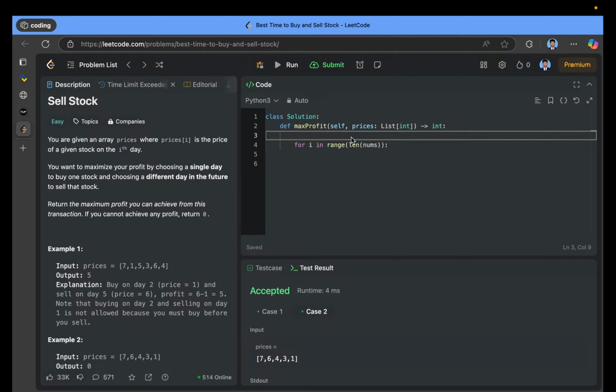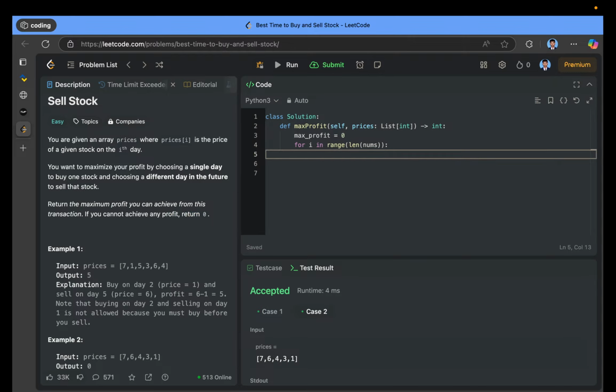Let's first do max profit. Max profit is equal to, I think, 0, because I have to return 0 as the lowest number.